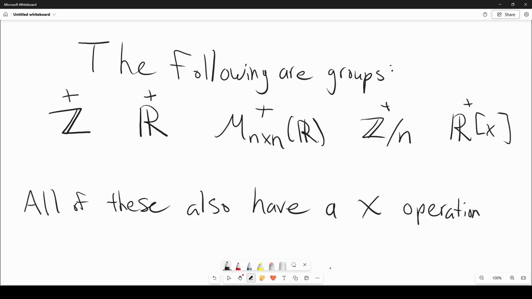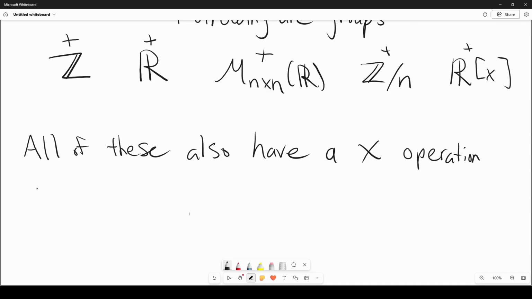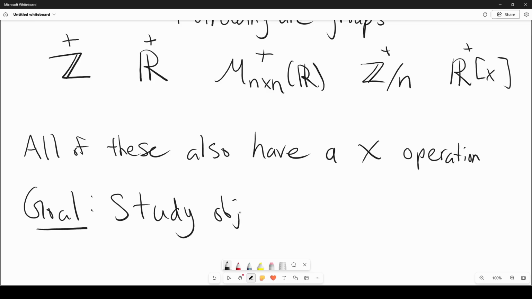But not every single object we've encountered has this property of having both an addition and a multiplication. And so our goal from now on is to study such objects that have both addition and multiplication operations.